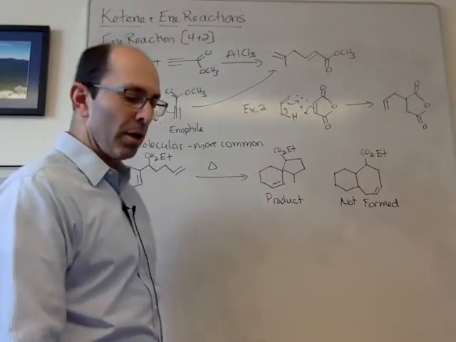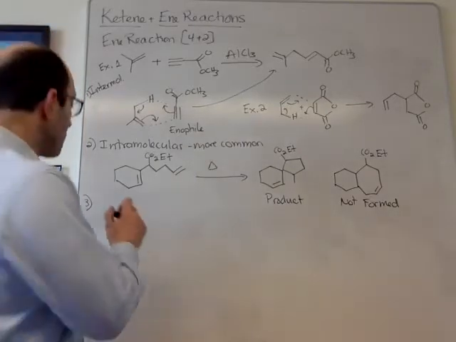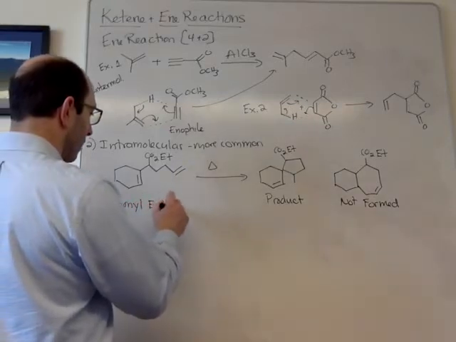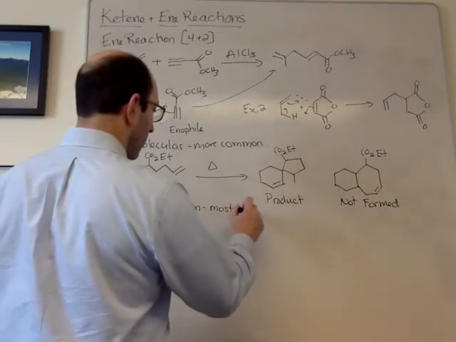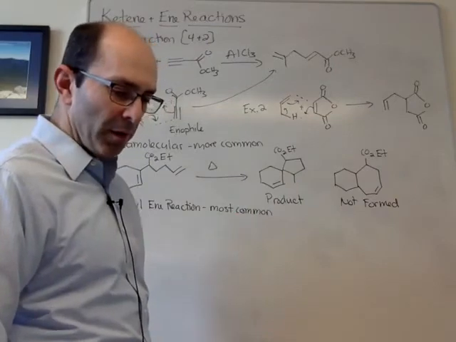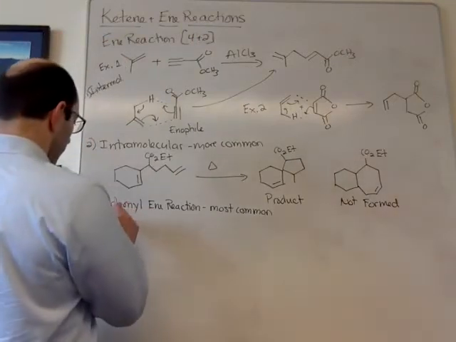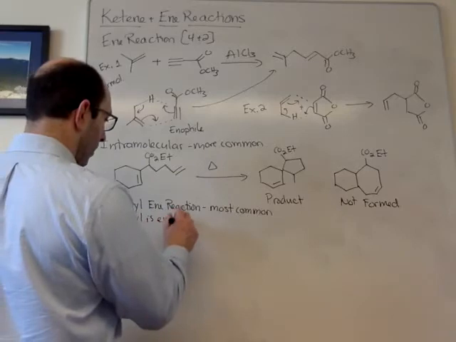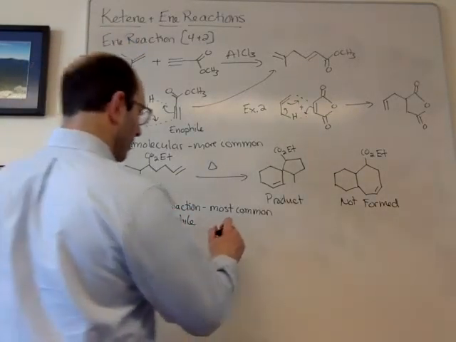And then the most common type of ene is called a carbonyl ene reaction. And an example of the carbonyl ene is where a carbonyl is the enophile, right? And so here's an example of a carbonyl ene reaction.